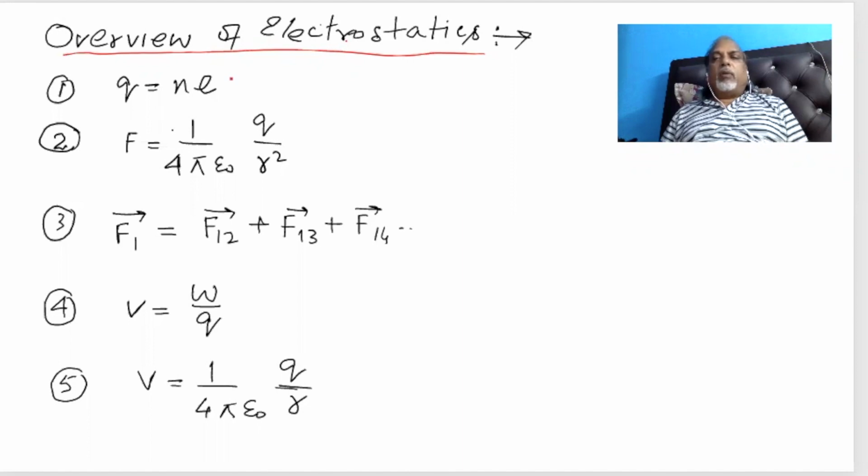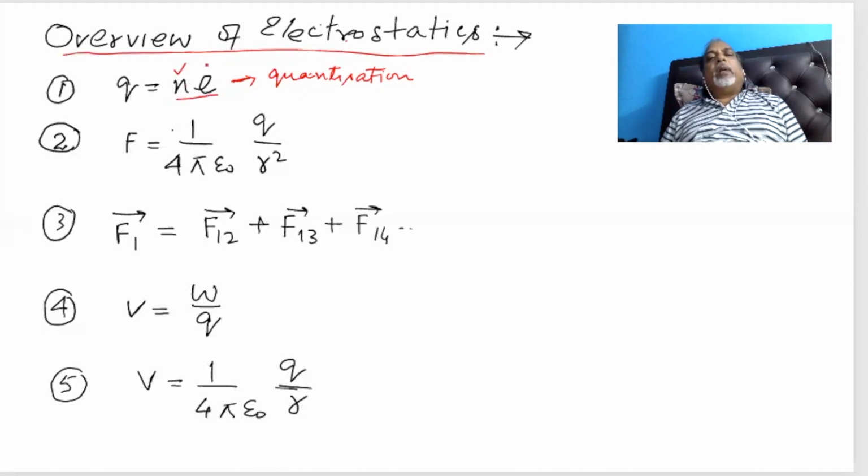So first formula is Q is equal to Ne. This is what we studied in our first lecture while studying about charges, and this is pertaining to quantization of charge. I told you that charge is basically by the movement of electrons. So N into E is what?